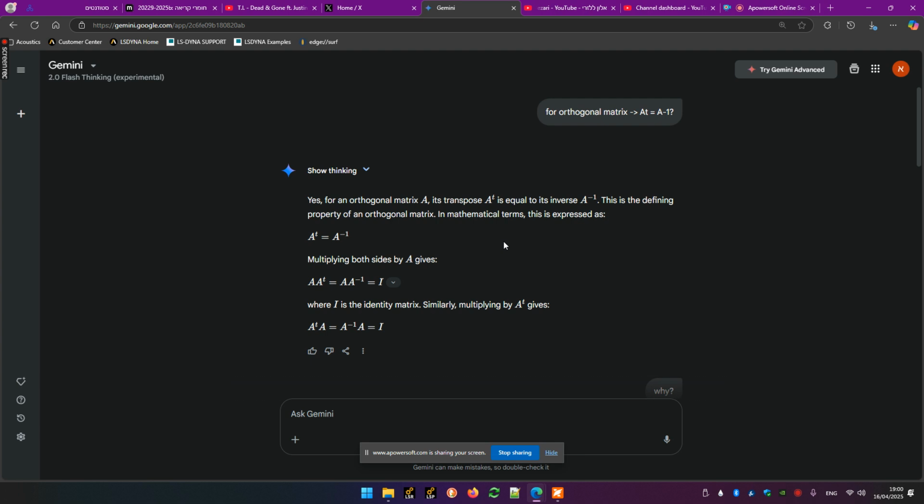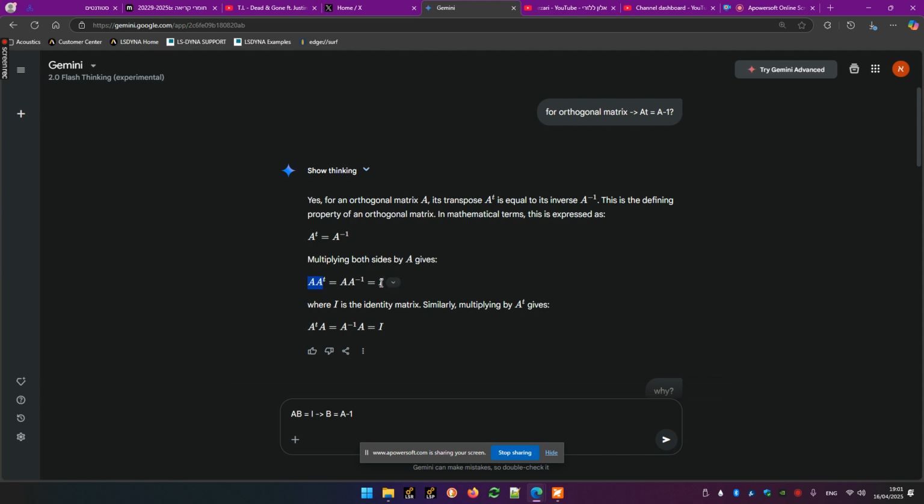It comes from the property that for orthogonal matrix, A transpose A equals I. But by definition, when you take two matrices, A and B, and AB equals I, it means that B is the inverse of A, because the inverse means that if I multiply a matrix by its inverse, I will get the identity matrix I. So from the fact that it happens for orthogonal matrix, we get that the A transpose is the inverse.